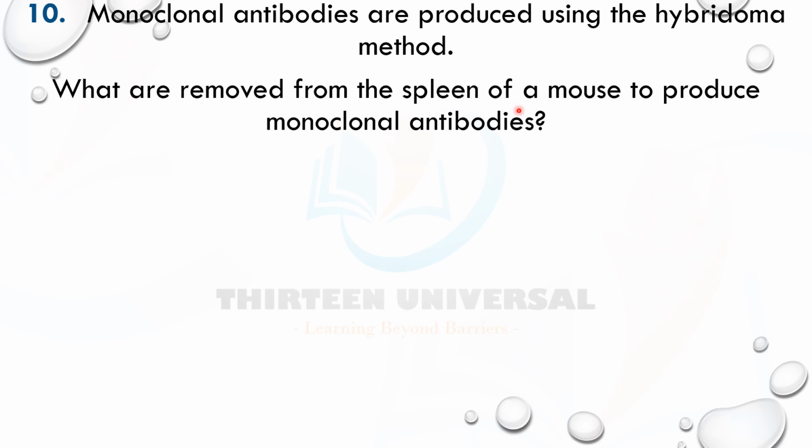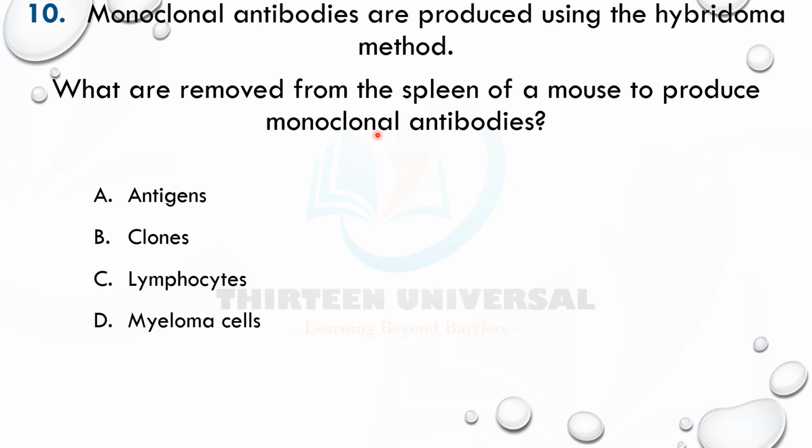Now number 10. Monoclonal antibodies are produced using the hybridoma method. What is removed from the spleen of a mouse to produce monoclonal antibodies? Antigen, clones, lymphocytes, myeloma? What you remove from the spleen is actually a B lymphocyte, a plasma cell.